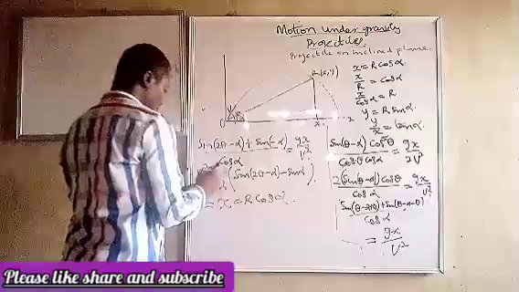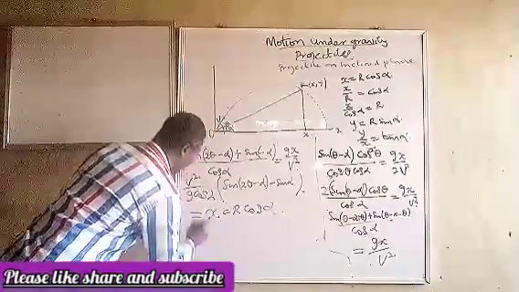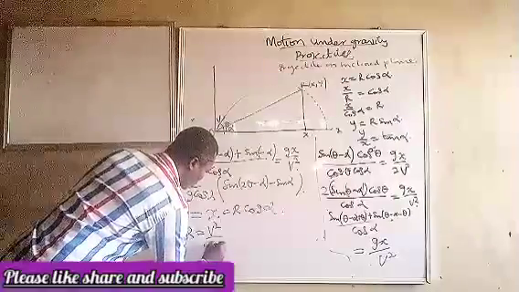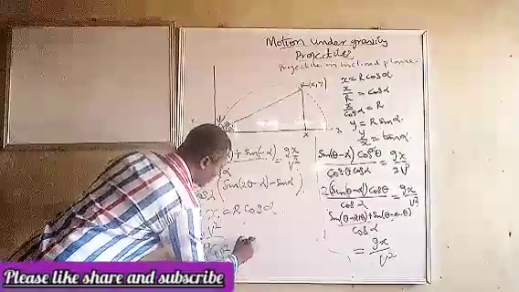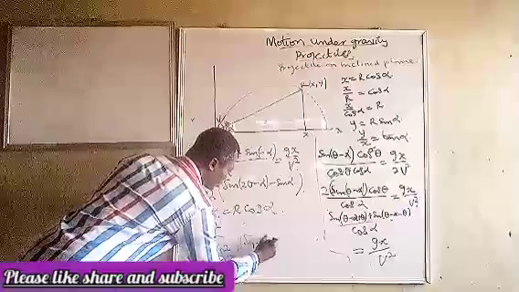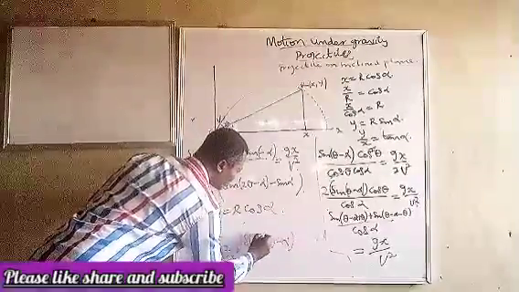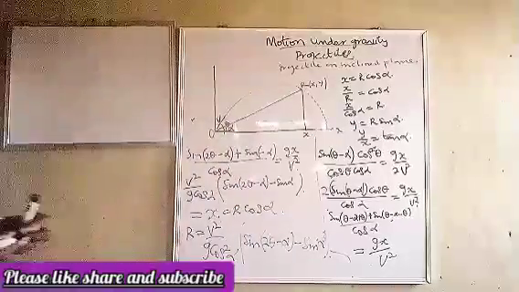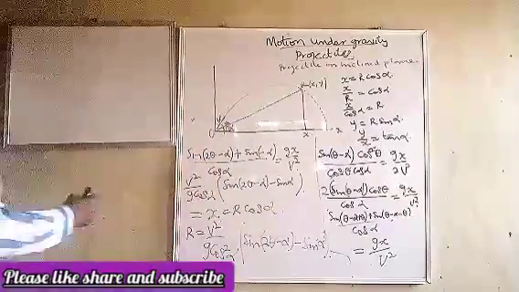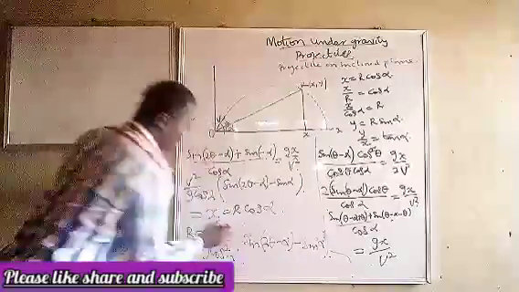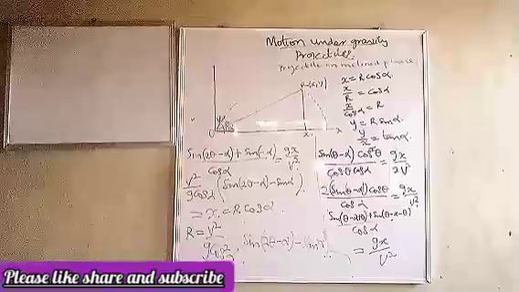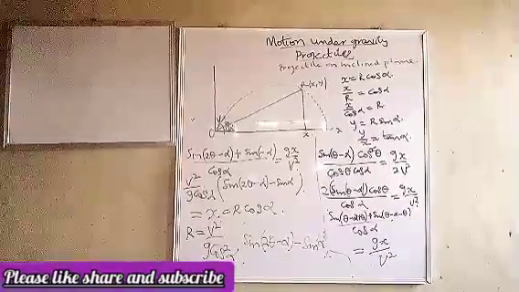Cos alpha is equal to v squared over g cos squared alpha into sine 2 theta minus alpha minus sine alpha. So that is how. So you can apply it for projectile throughout the day. Projectile is very easy and has so many ways to handle.